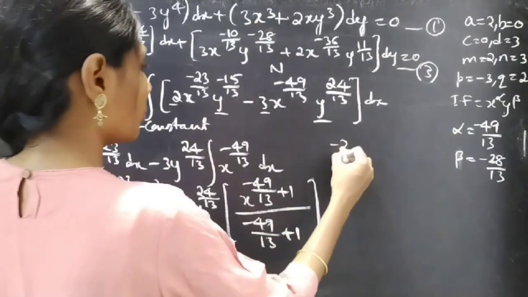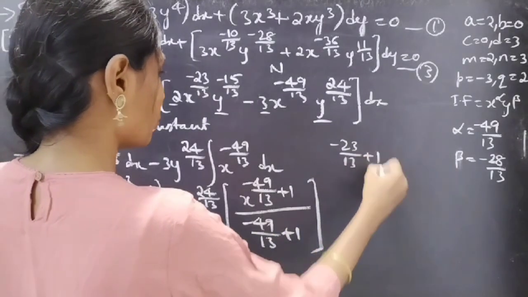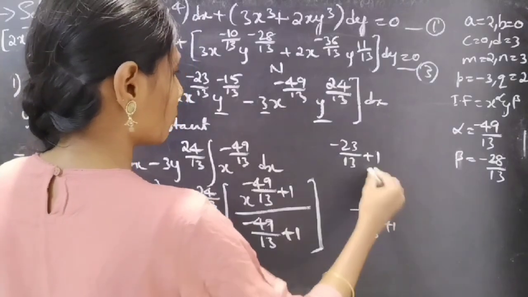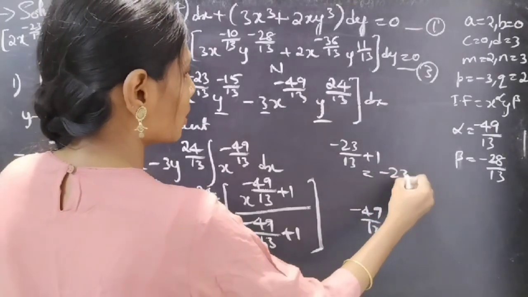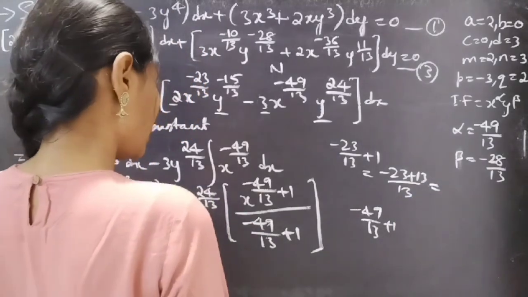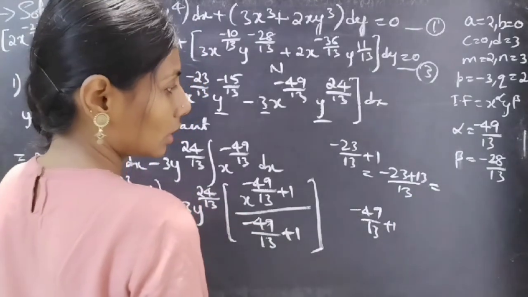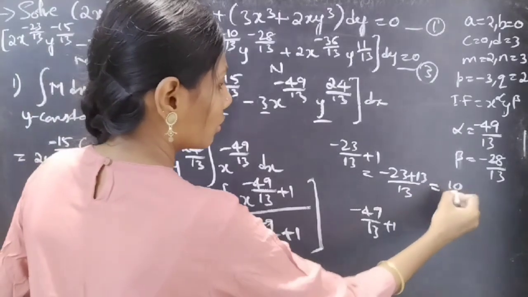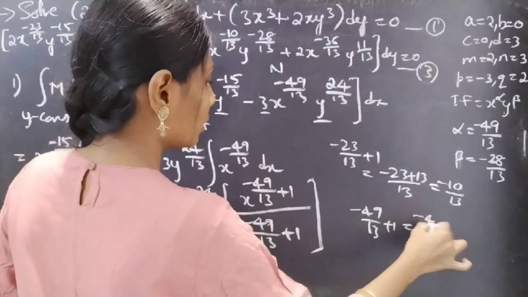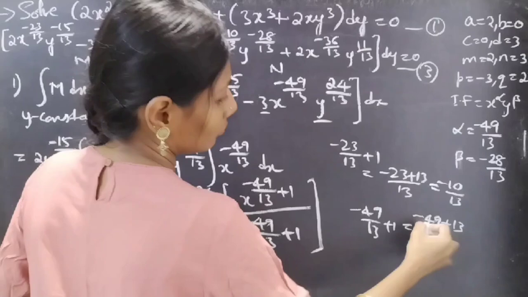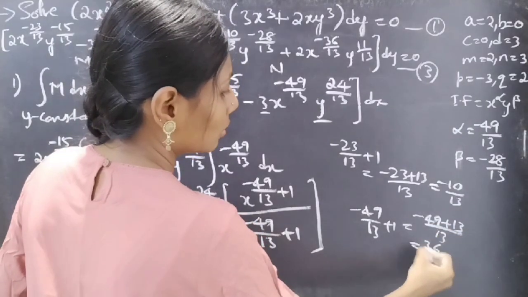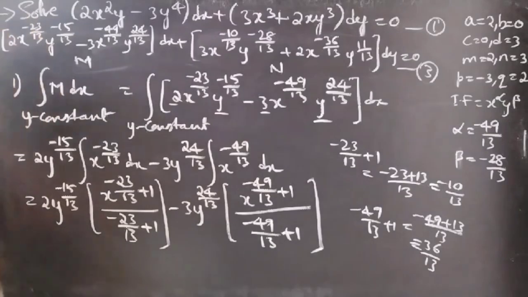Let's simplify minus 23 by 13 plus 1 and minus 49 by 13 plus 1, which gives us minus 23 plus 13 by 13. Minus 23 plus 13 gives minus 10, minus 10 by 13. Okay, and here we'll get minus 36 by 13.